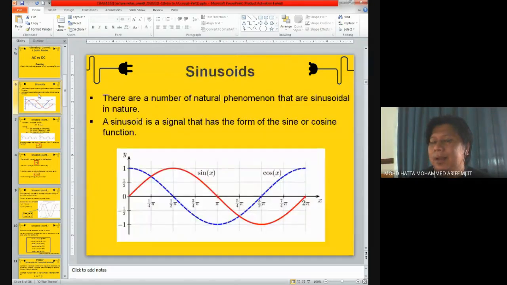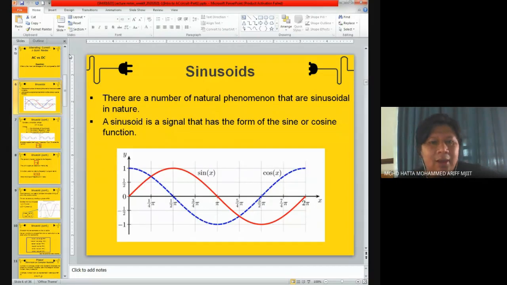All right. Now we move on to our next slide, which is the sinusoid. Have you come across this kind of waveform? The sinusoid waveform. Yeah, this is the waveform of AC current and AC voltage.